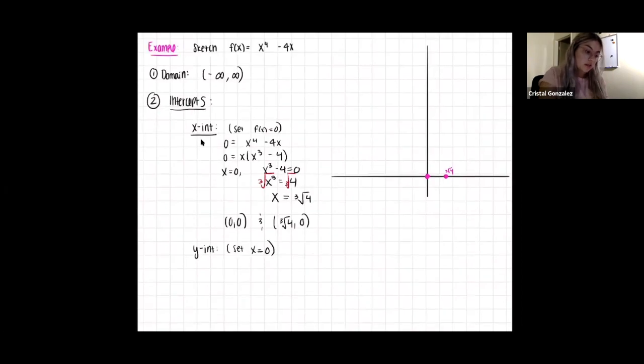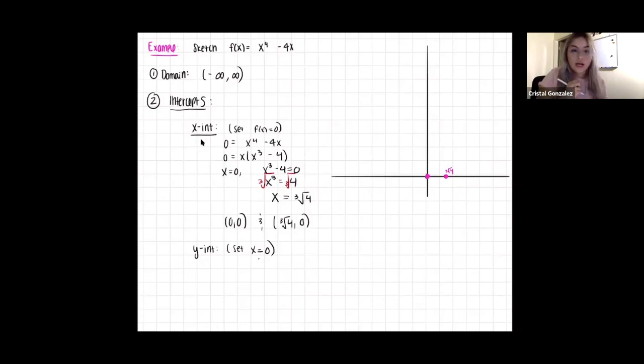I plug in 0 into x to the 4th minus 4 times 0. I just get 0, so my y-intercept is just (0, 0), which is expected because my x-intercept was (0, 0), and that hits both. That's the only place where it hits both the x-axis and the y-axis. The only place where that happens is the origin. So I did expect that to happen.